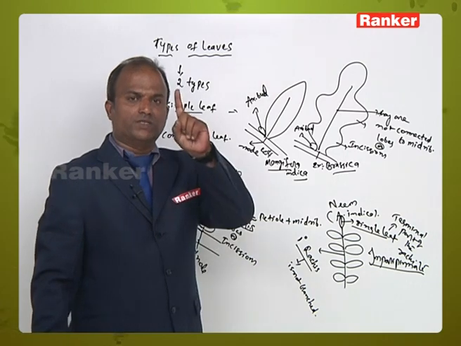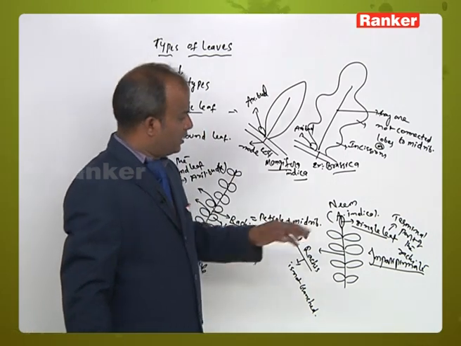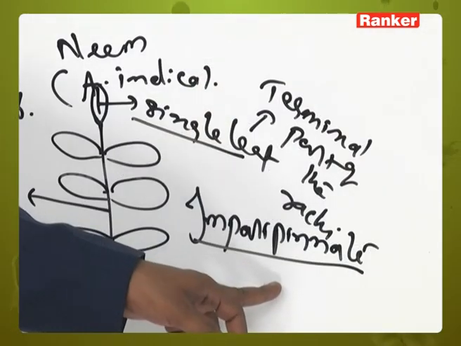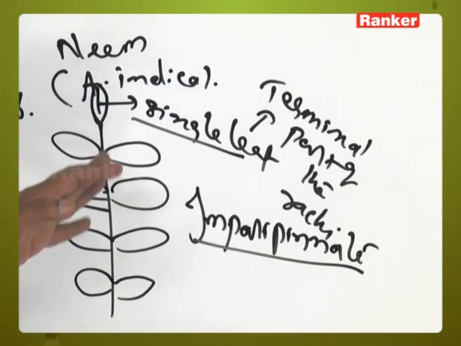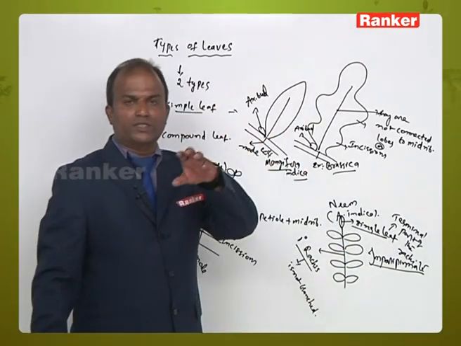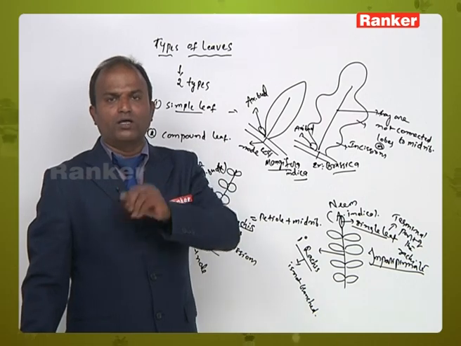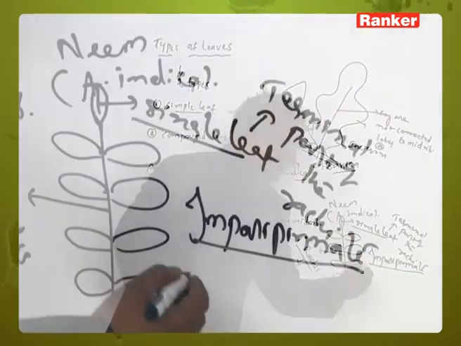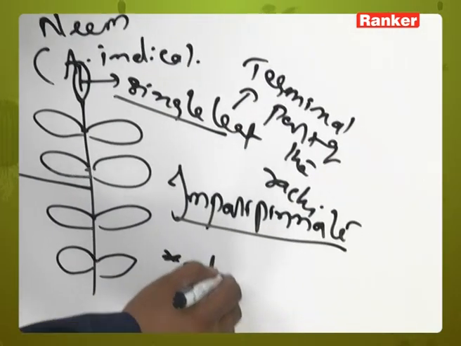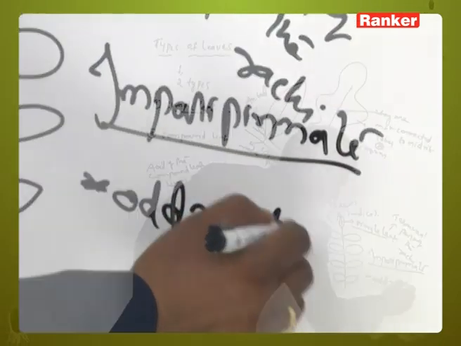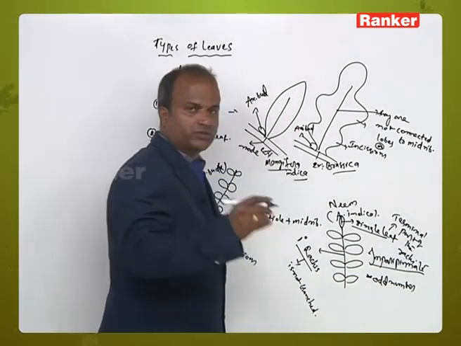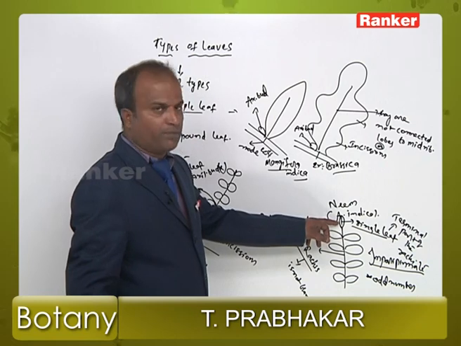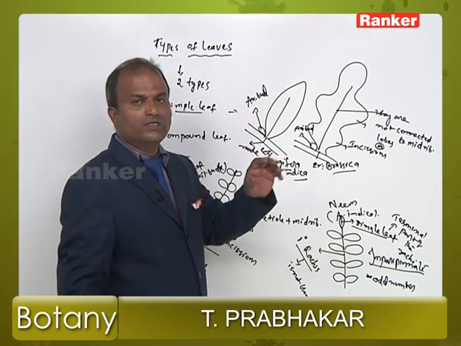Then it is called an imparipinnate arrangement. Is the number of leaflets even or odd? Their number is odd, because the terminal part of the rachis ends with a single leaflet.